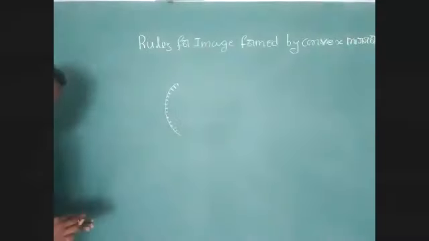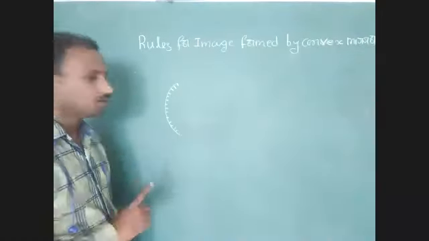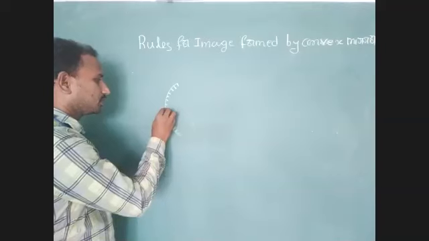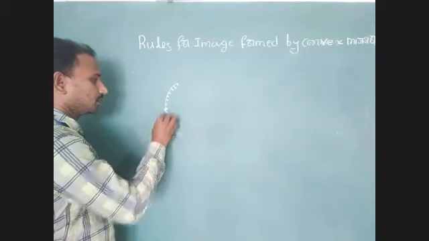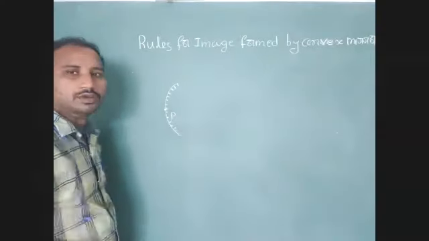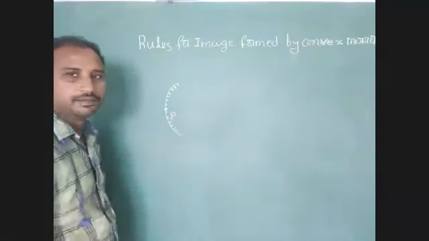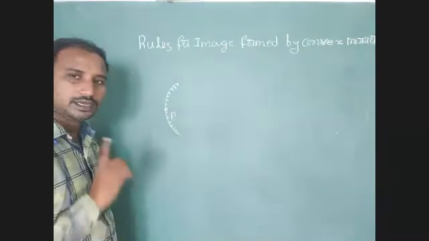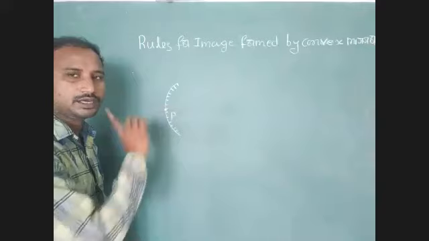Next, we identify the midpoint of this convex mirror. The midpoint of the convex mirror is called the pole, and we represent it as P. Now we draw one imaginary line passing through the pole and the center of curvature.